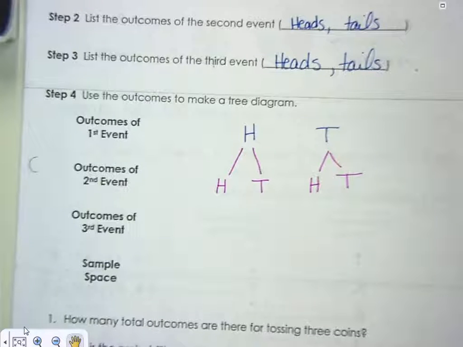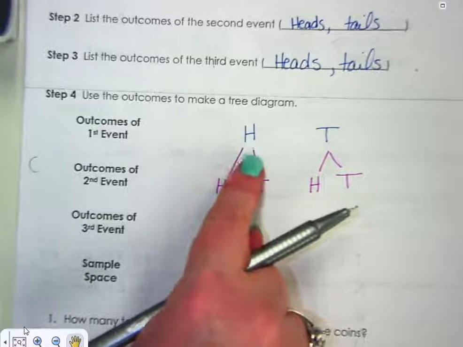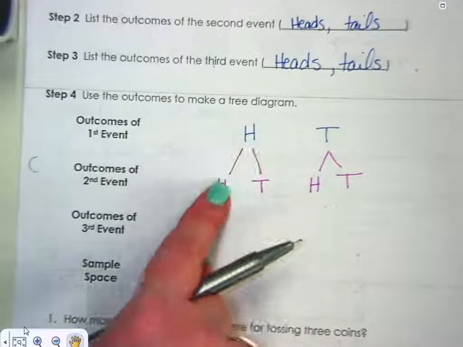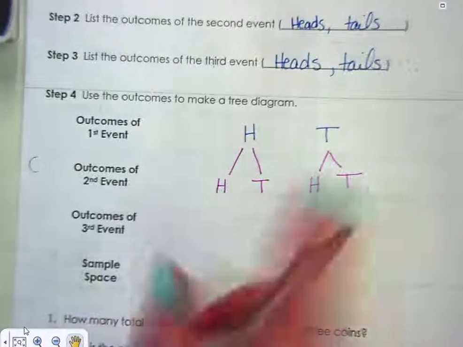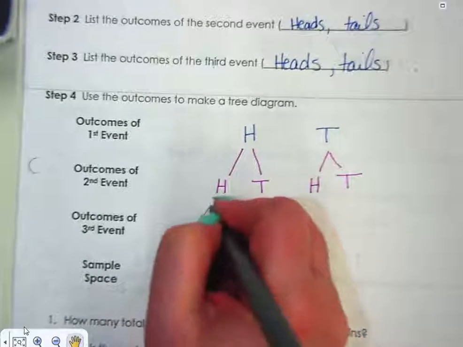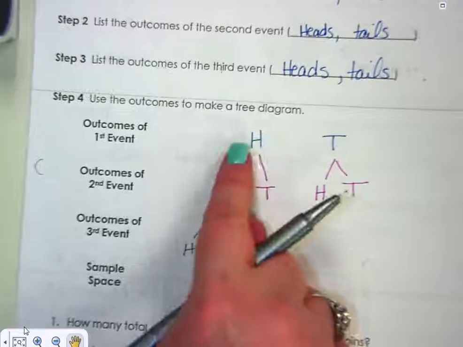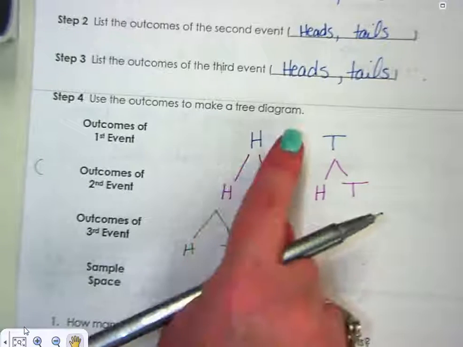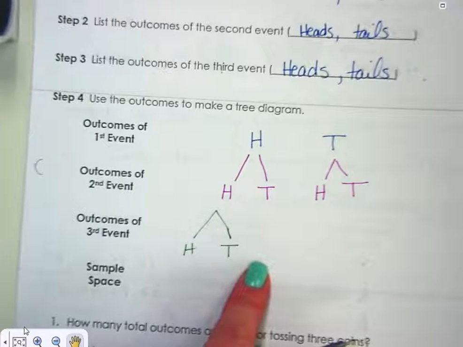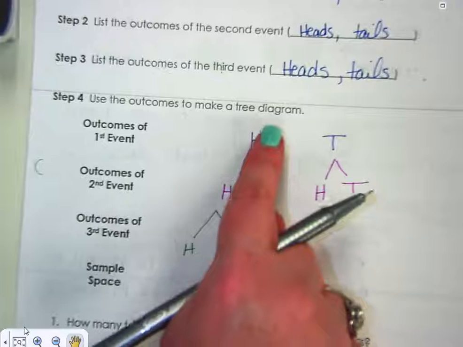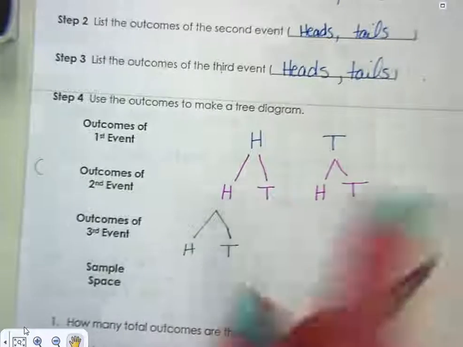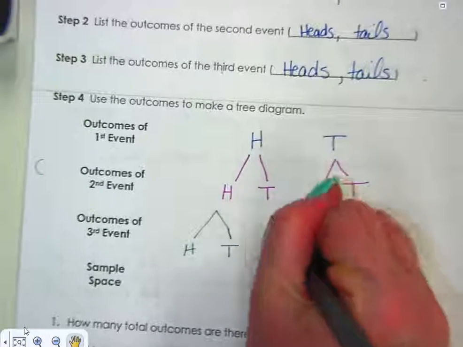And so here's where it gets a little more complex. If the first time I rolled heads and the second one I landed on heads, what's going to happen the third time? Heads or tails. So it could be heads, heads, heads. Or it could be heads, tails, then what?